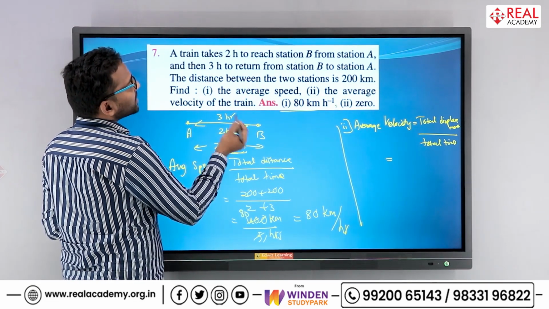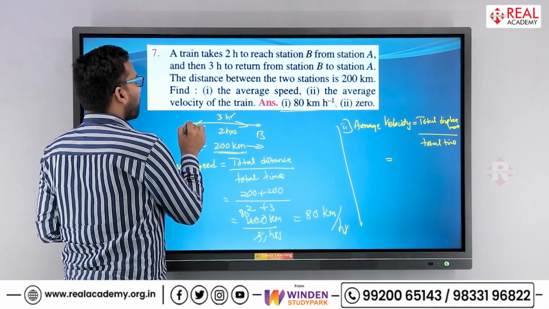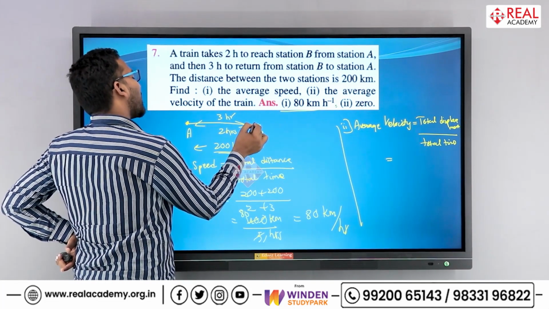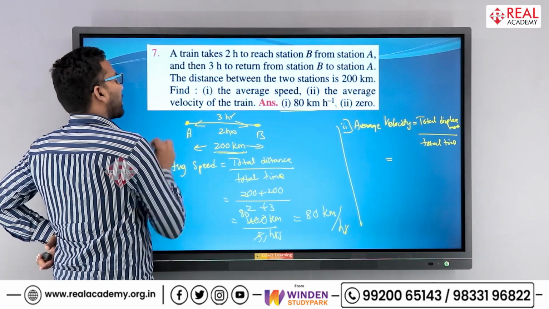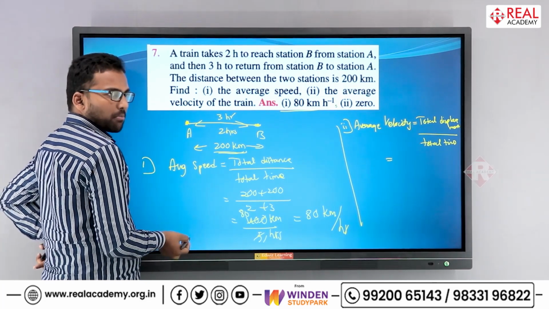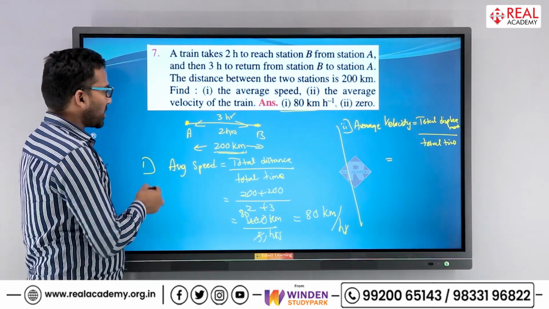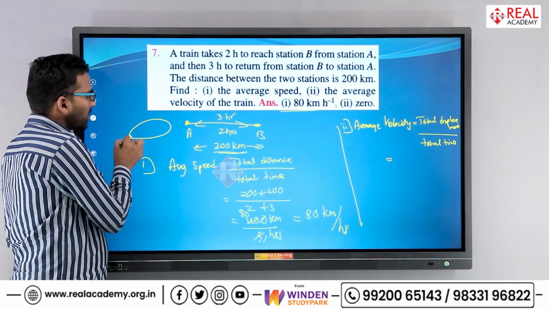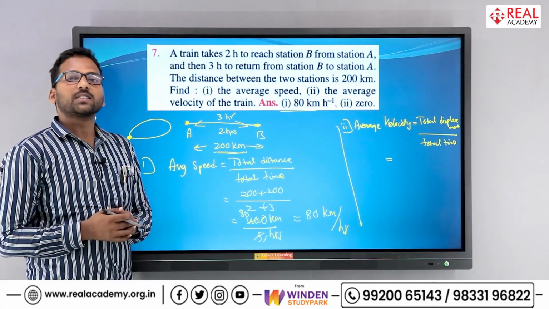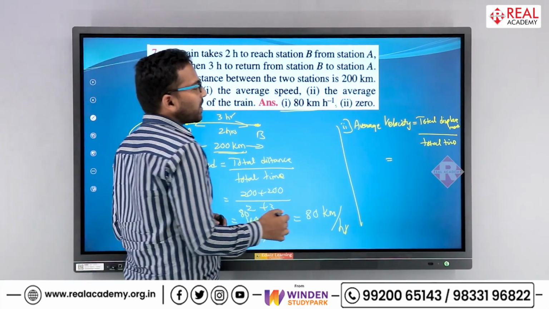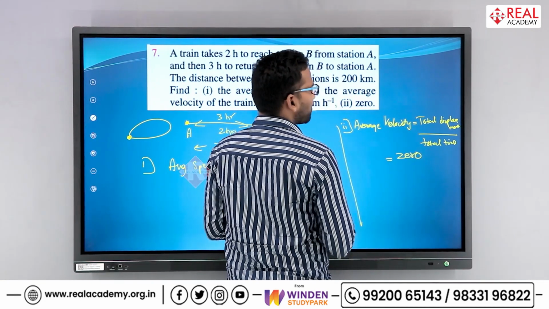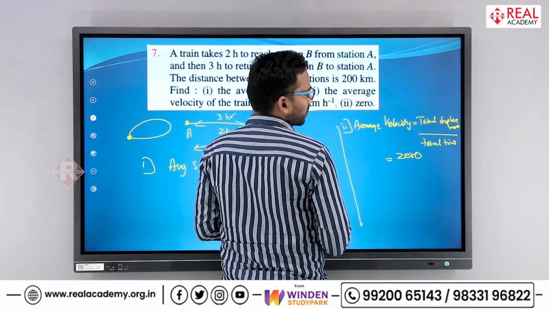But if we consider the displacement, first the train is going from A to B and then again getting back from B to A. That means for displacement the initial and final position is same, then the displacement is 0.